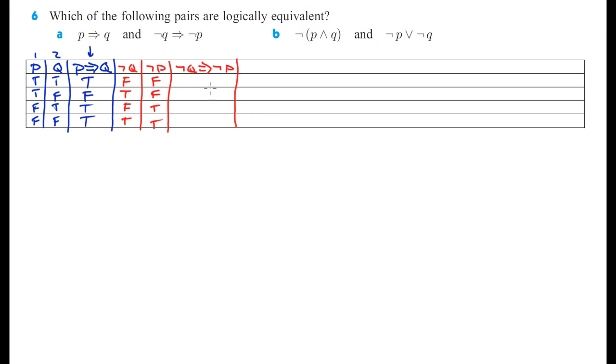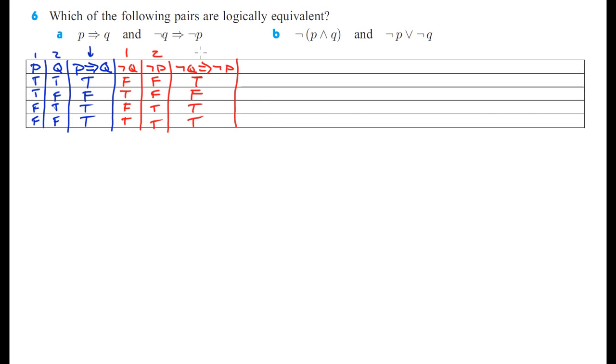Not Q is our if, not P is the then. You don't have the ingredients, you can't disprove anything, so you have to assume it's true. You have the ingredients, you make the world's worst cookies, that is false. Don't have the ingredients, you assume it's true. You have the ingredients, you make the best cookies, that is true.